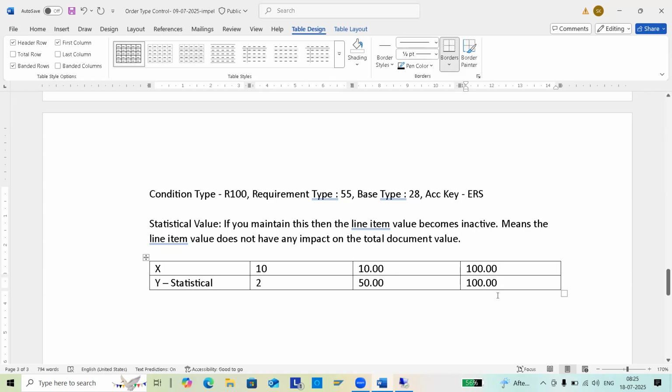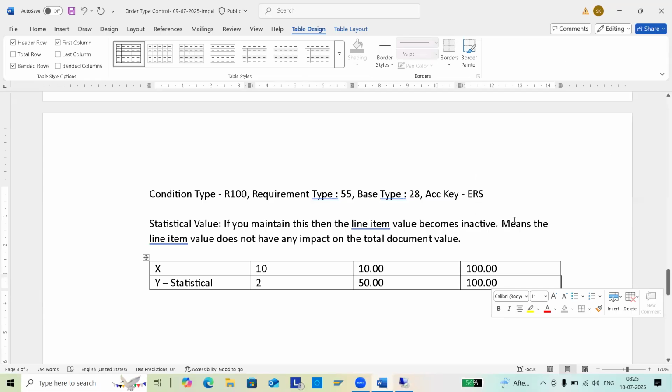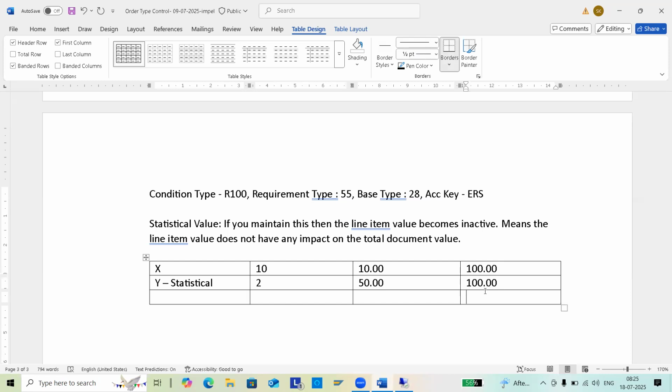It was supposed to be 200, but the total value will be 100. Why? Because we have checked statistical for this particular line item. That's why the total amount will be 100 only instead of 200. Clear, guys?